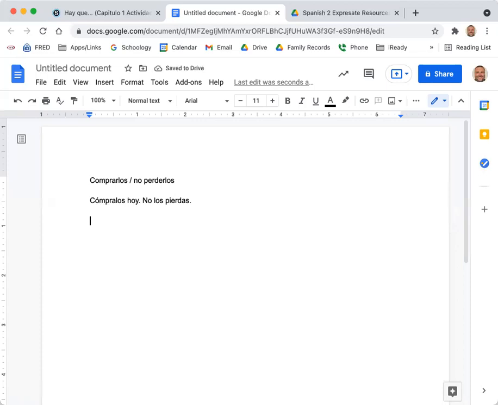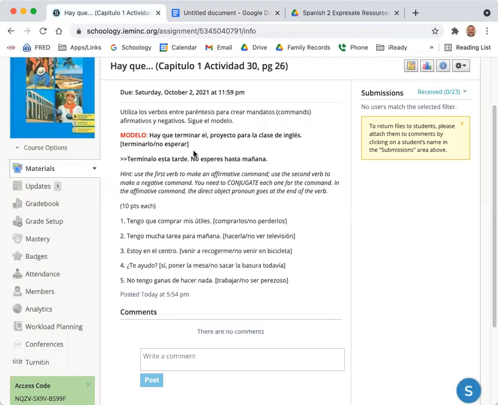That's the answer. Now, you'll see in some other ones you've got to be careful. With number two, tengo mucha tarea para mañana. I have a lot of homework for tomorrow. Notice with hacer, be careful about this one. Hacer is irregular in the command form, right?